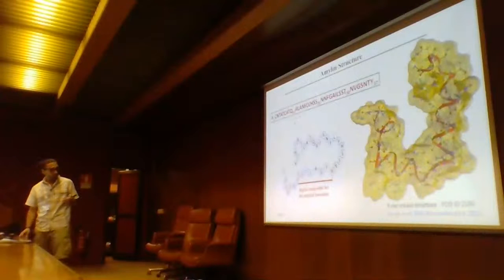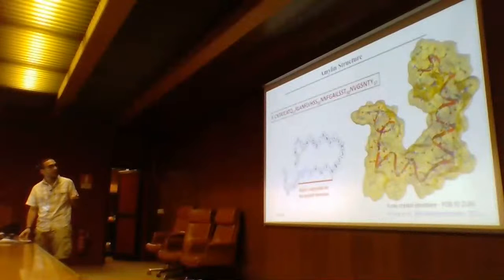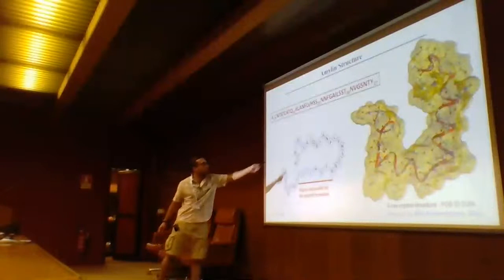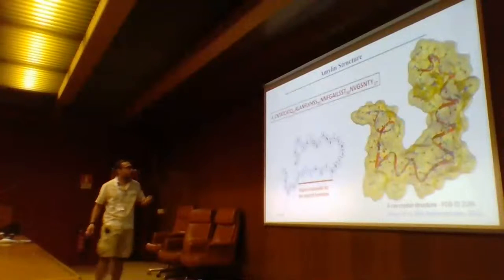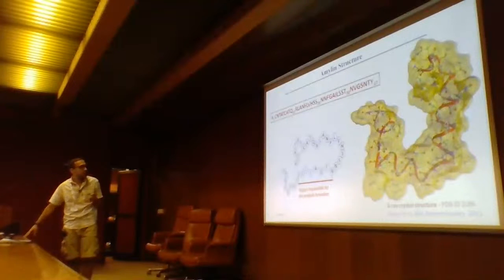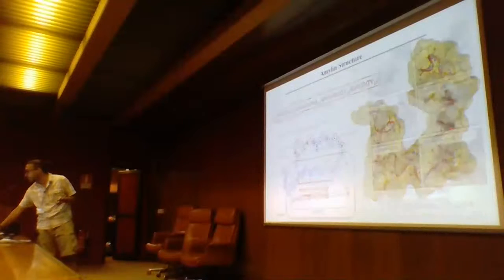In this slide, on the right, I'm showing the structure of amylin. As you can see, the main secondary structure is the alpha helix, and there is also a disulfide bond between residue 2 and residue 7. And in the sketch, I'm highlighting in red the region that is supposed to be responsible for the amyloid formation.